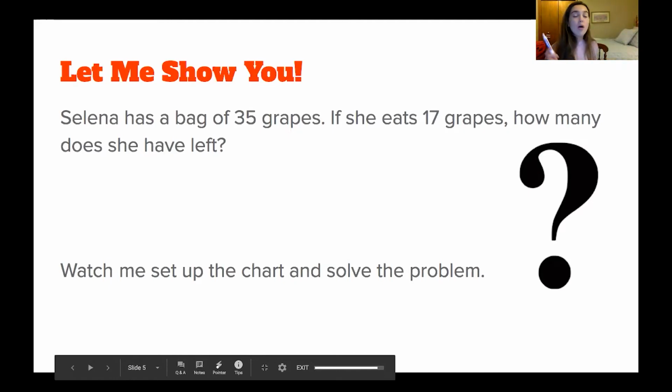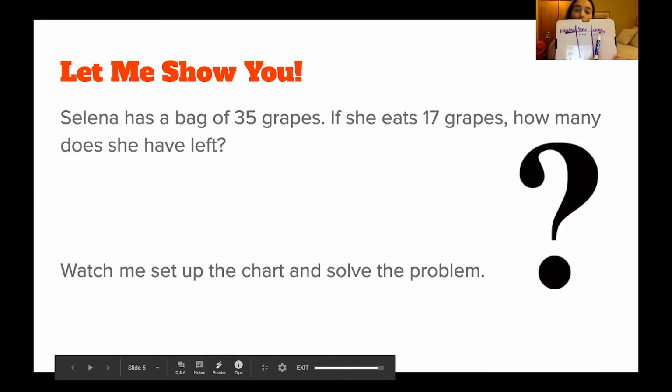Now let's see, how many ones do we have? When we write 35, we can see in the tens place we have 3, so we have 3 tens, and in the ones we have 5. So let's write out our 5. 1, 2, 3, 4, 5. Perfect.